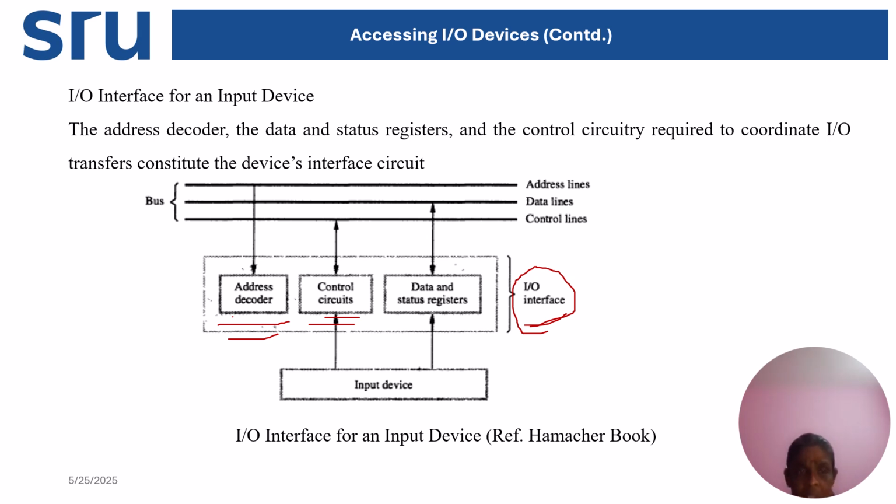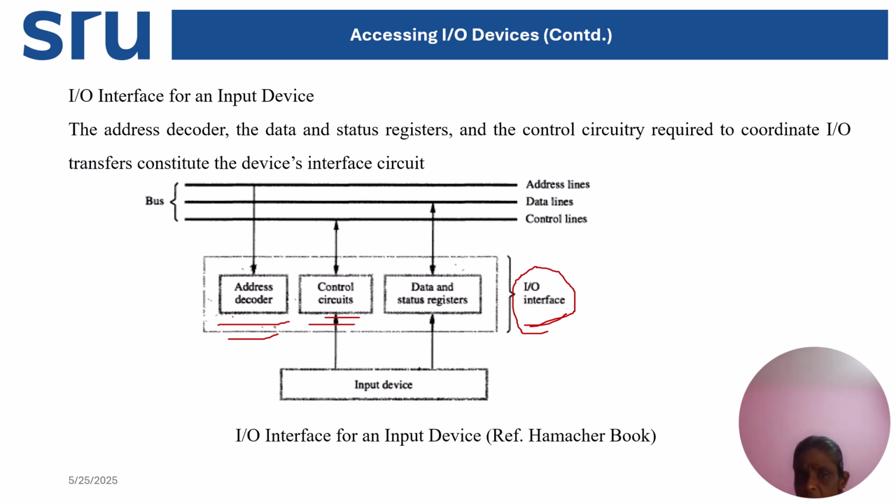The address decoder, data and status registers, and control circuitry required to coordinate I/O transfers constitute the device interface unit. So in between the processor and the I/O device there should be an I/O interface. It will be connected to the processor through buses only.